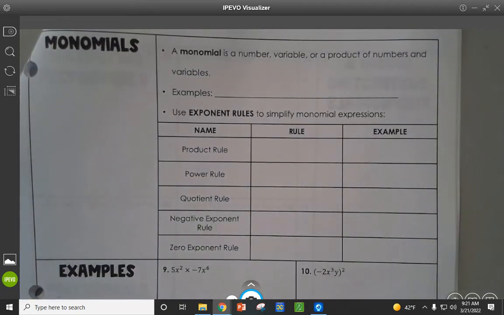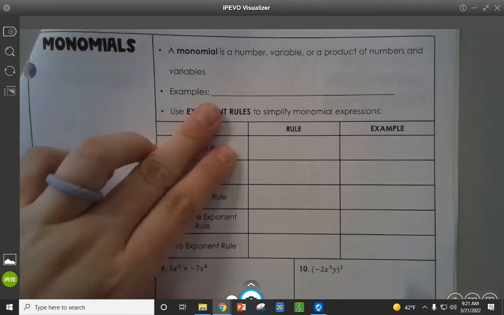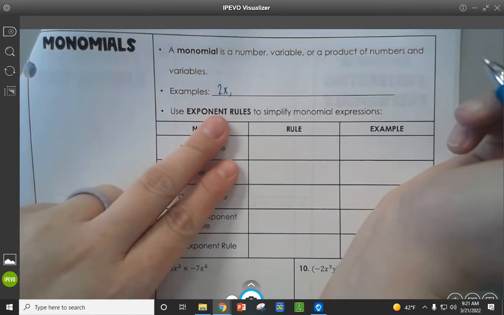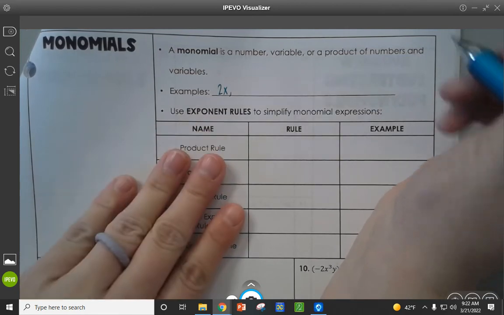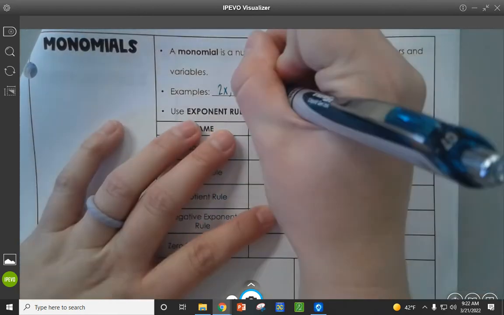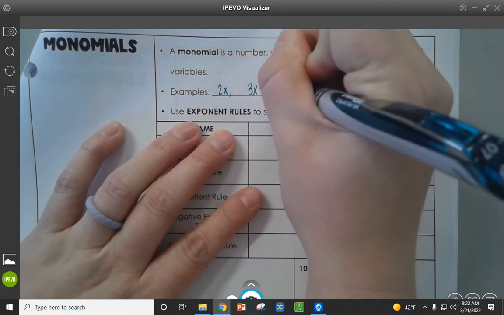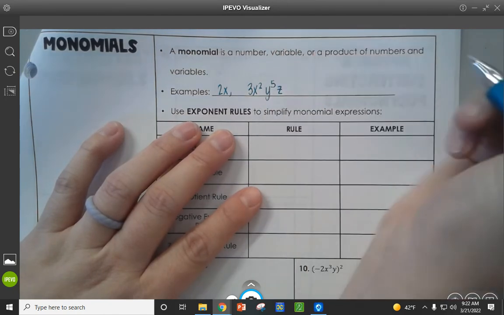And we're specifically going to talk about monomials for a little bit and talk about exponent rules, which you probably have seen before, you've probably done before, but you may not really remember all of them. So just for example, a monomial could be like 2x. We could also have several variables like 3x squared y to the 5th z.